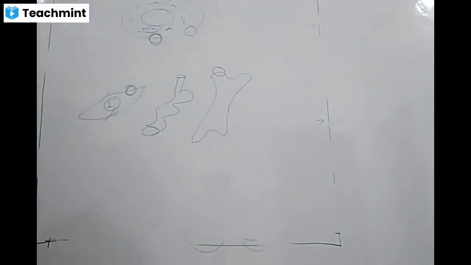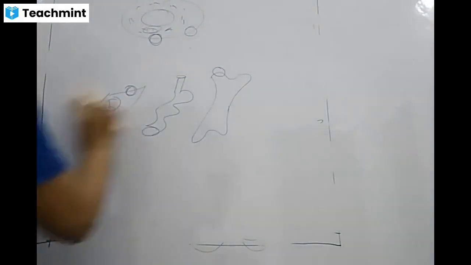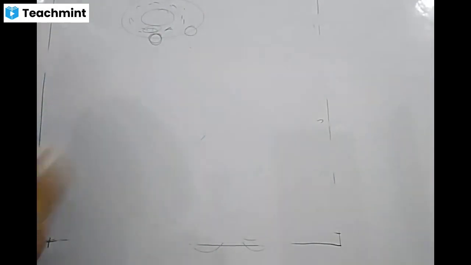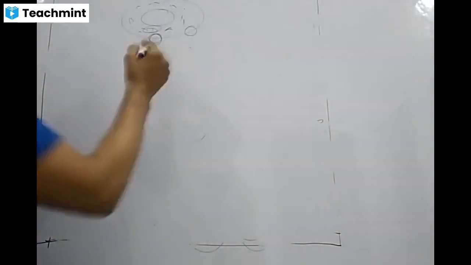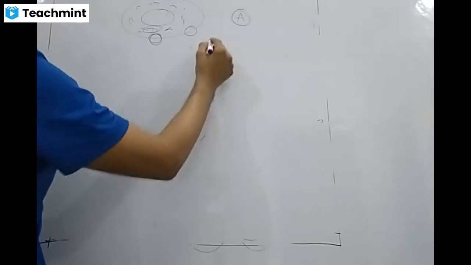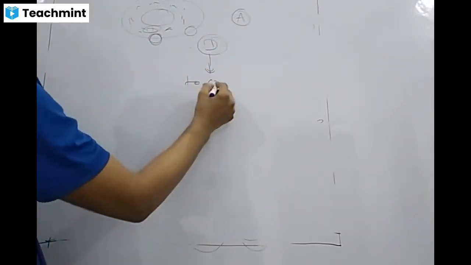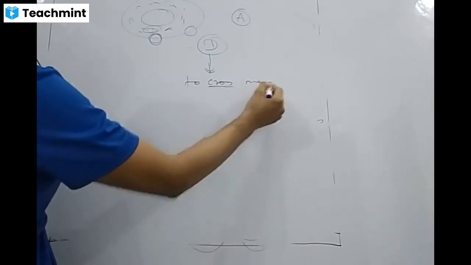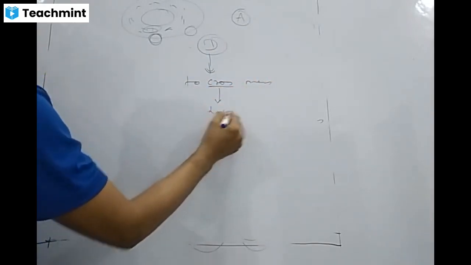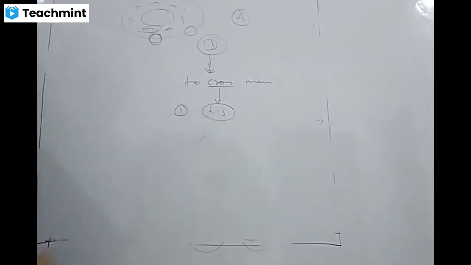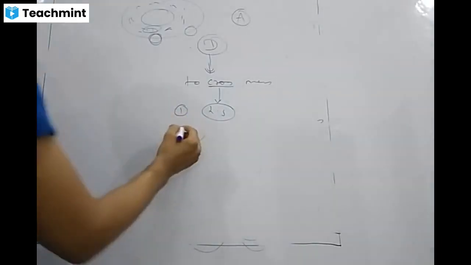So for a drug to cross membrane, the most important factor is lipid solubility. It means, similar to absorption, for distribution to cross membrane, what is needed? Lipid solubility. Number one, the first factor needed is lipid solubility.